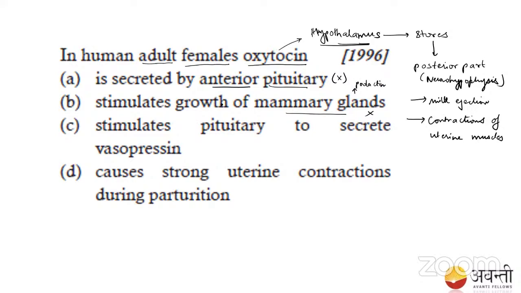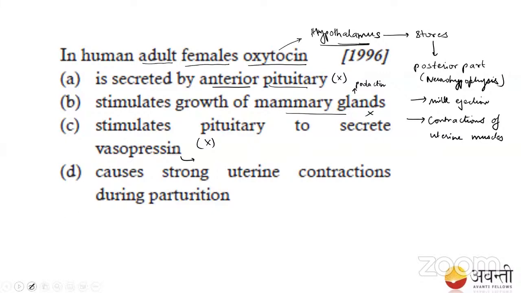The third option is stimulates pituitary to secrete vasopressin. That is also wrong. Vasopressin is also produced by the hypothalamus and stored in the pituitary, but oxytocin does not cause its secretion. Is that clear? Option D is the correct option. It causes strong uterine contraction, so the uterine muscles contract and the baby can move out. Okay, is that clear?